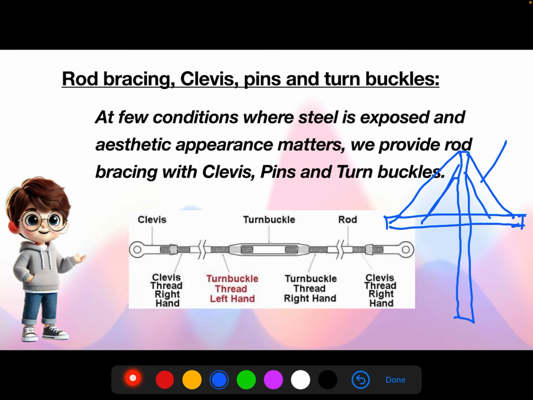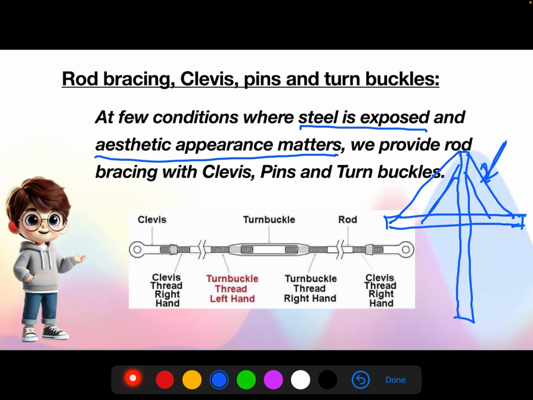These cables sometimes they use rod bracings in place of these cables. So rod bracings mostly they use at conditions where steel is exposed and aesthetic appearance also matters. At that condition we'll provide rod bracing.